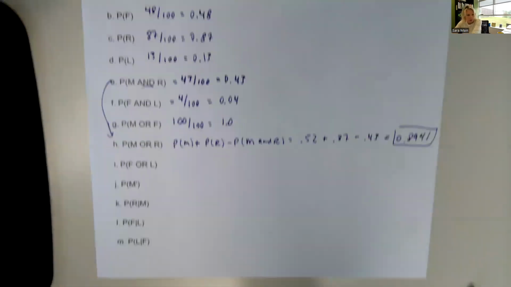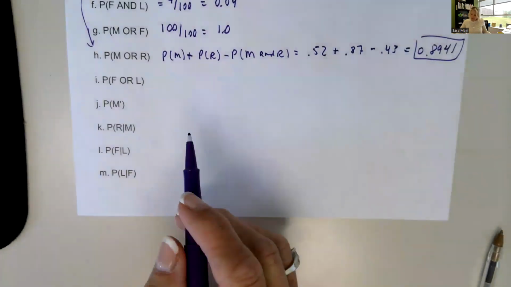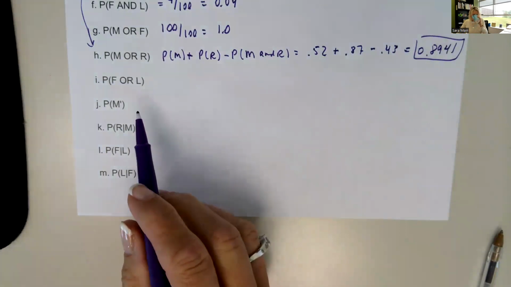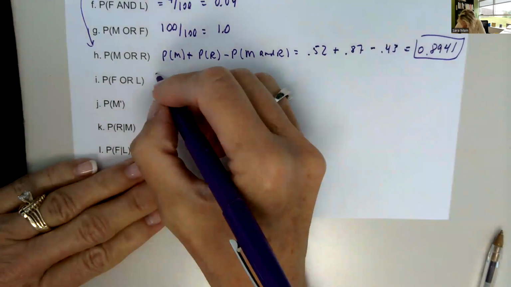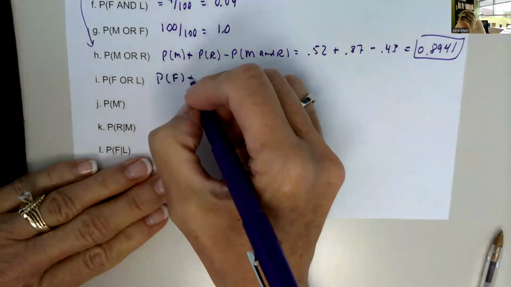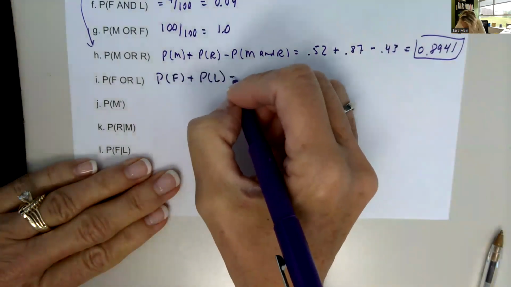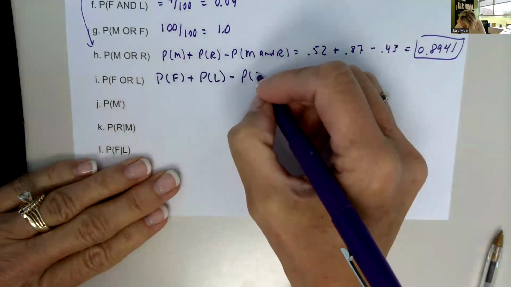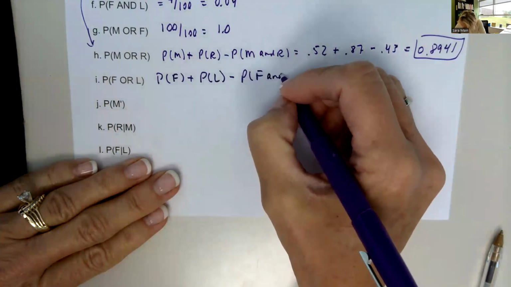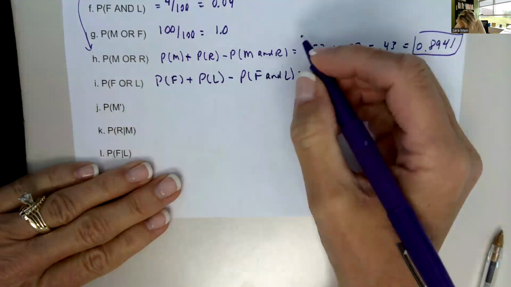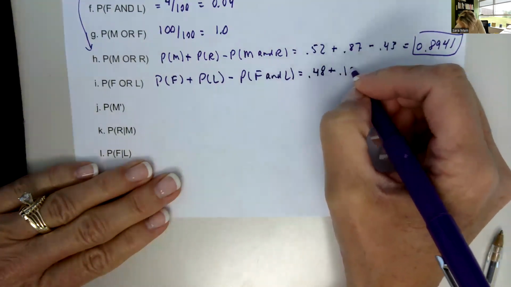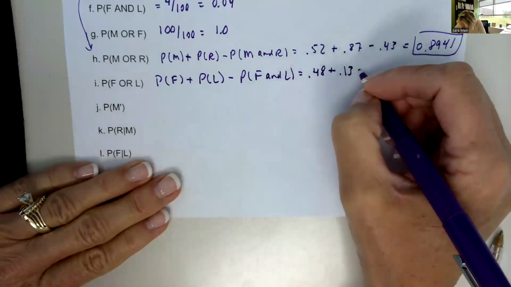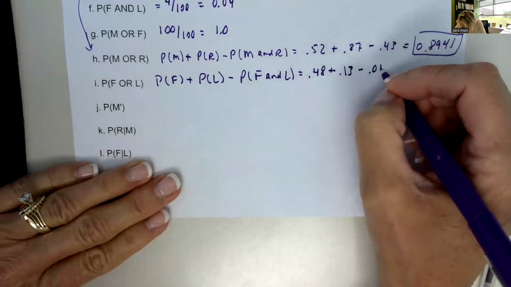Another addition is the probability of being female or left-handed. We have the probability of being female plus the probability of being left-handed, subtracting the probability of being female and left-handed. So 0.48 plus 0.13, subtracting 0.04.